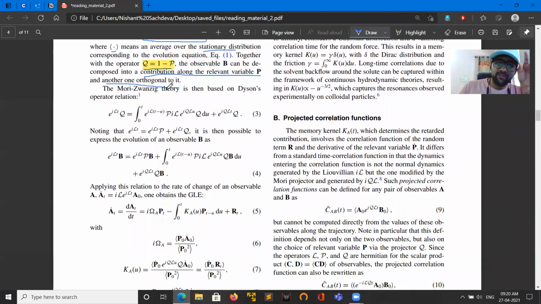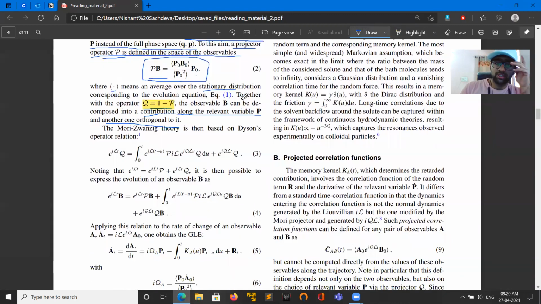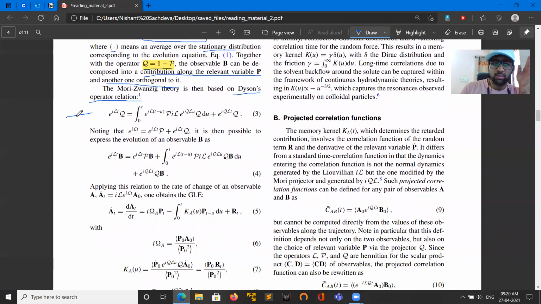So the Mori-Zwanzig theory is then based on Dyson's operator relation. I'm assuming it's this one here. It's a bit complicated to look at, but that's what it is.